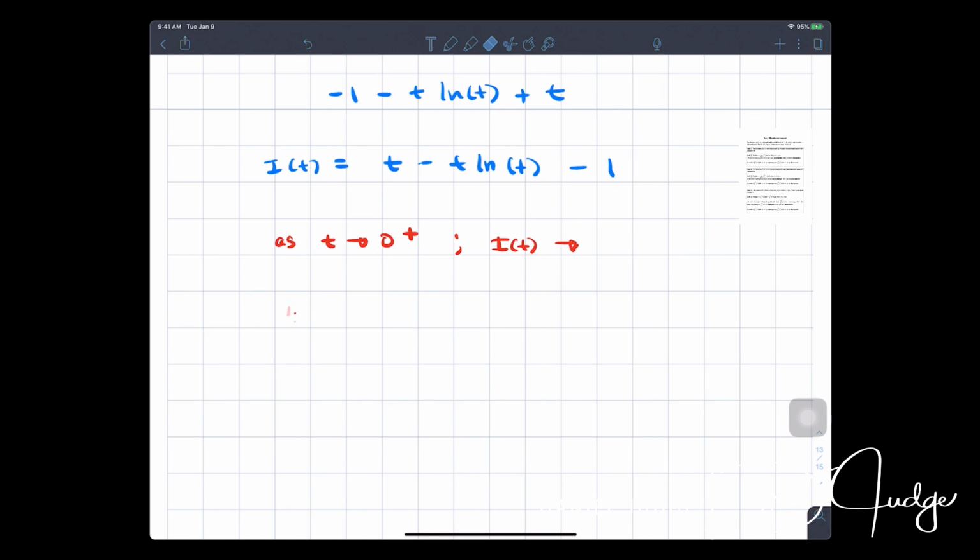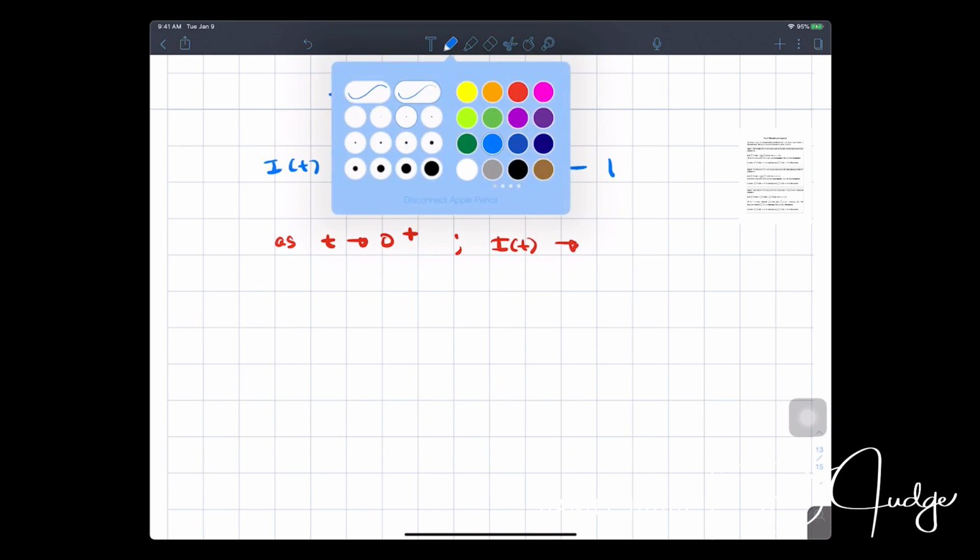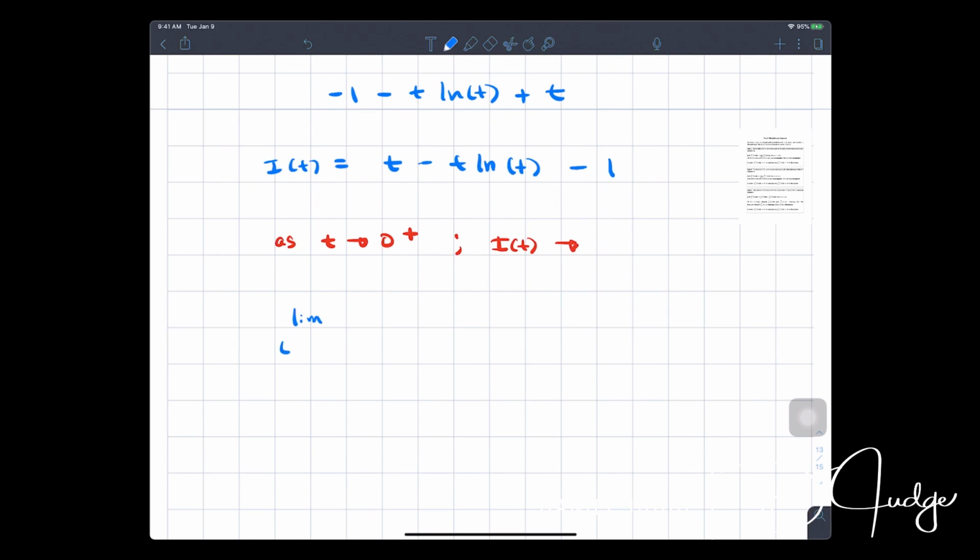Let's do it this way. The limit as t goes to 0 from the right of t minus t natural log t minus 1. That's the limit question we have to answer.